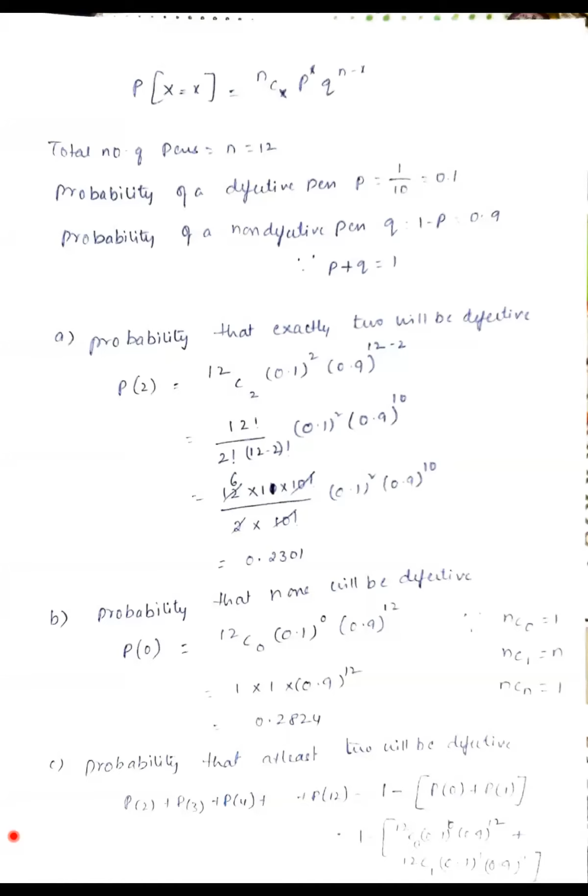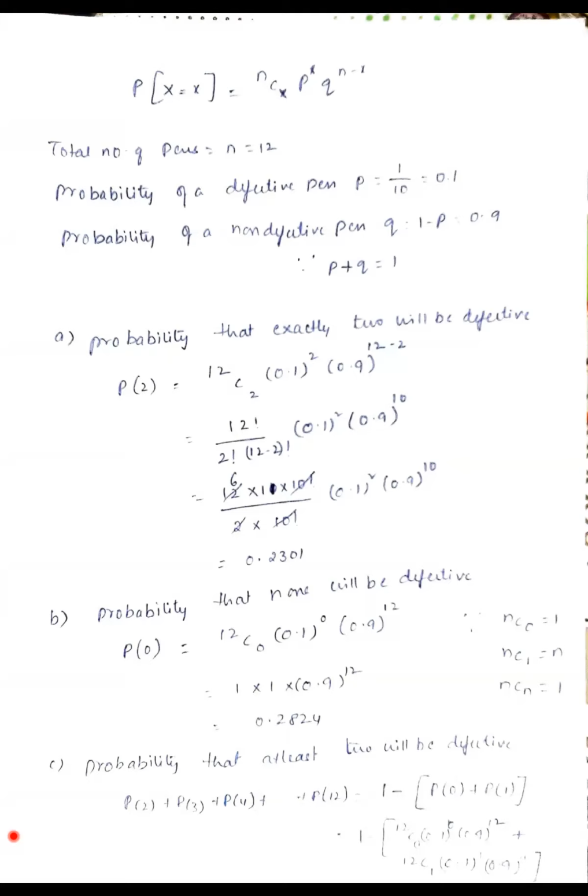The binomial equation is P(X = x) = nCx p to the power of x q to the power of n minus x. Here the total number of pens is n = 12, and the probability of a defective pen is p = 1 by 10, which equals 0.1.